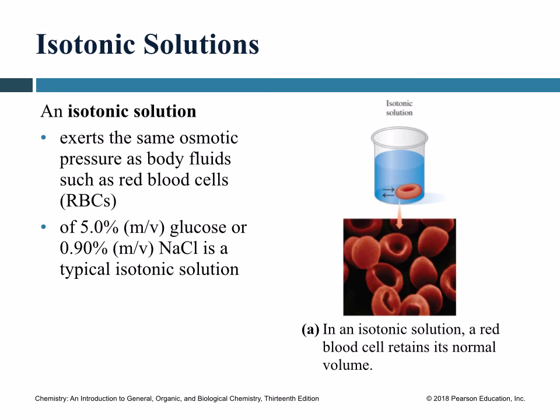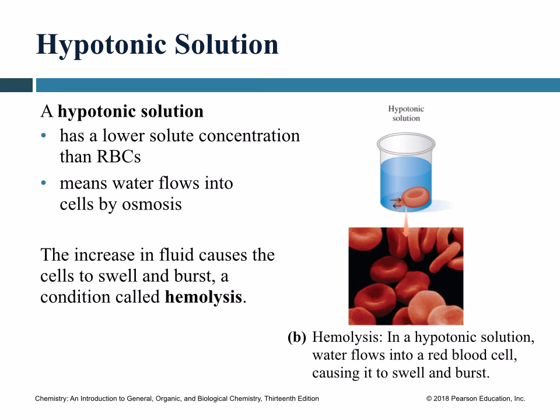When comparing the osmotic pressures of two fluids, we can use the terms isotonic, hypotonic, or hypertonic. If a solution has the same osmotic pressure as red blood cells, the solution is isotonic. Remember that the prefix iso means same. If a solution has a lower solute concentration relative to blood cells, the solution is hypotonic. Remember that the prefix hypo means under.